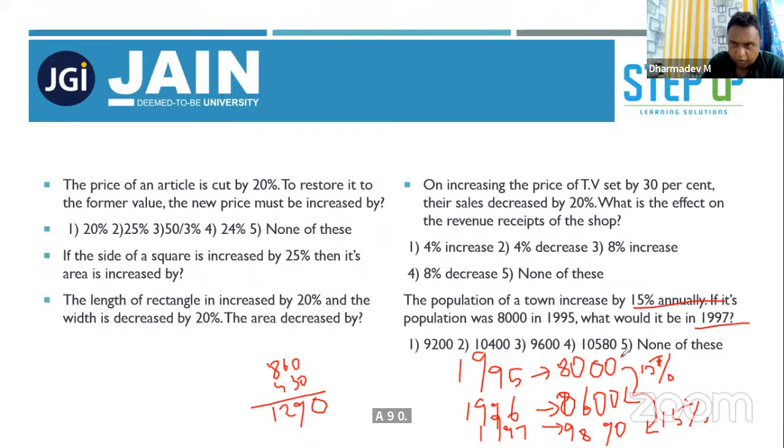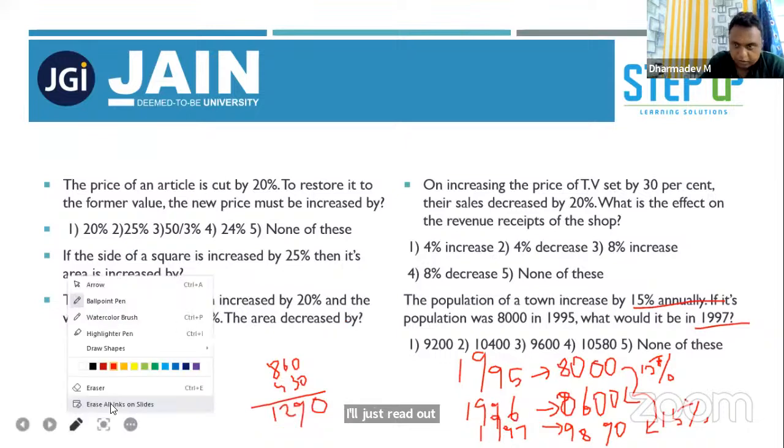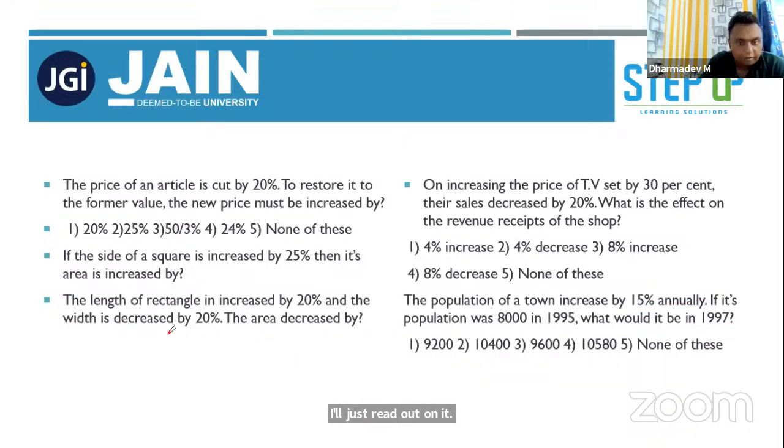Did I miss something? Oh yeah, sorry. I'll just reorder it. Maybe my calculation is missing. So 1995, it is 8,000. 15% of it.